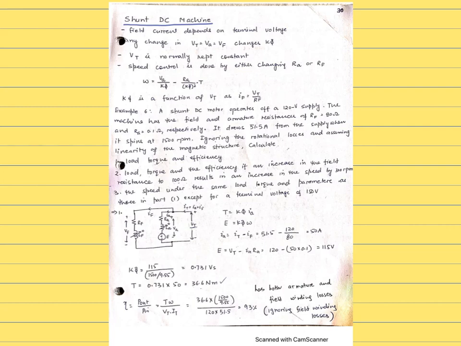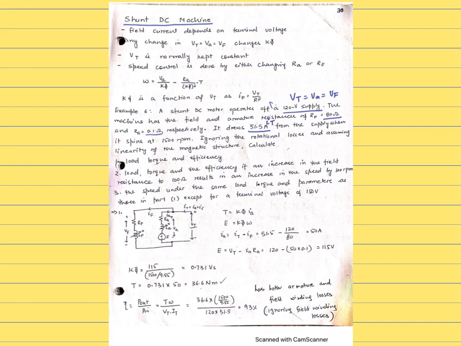So a shunt DC machine operates off a 120 volt supply. So that's your VT, which equals VA, which equals VF. The machine has field and armature resistances of 80 ohms and 0.1 ohms respectively. It draws 51.5 amperes from the supply lines, so that means this is your total current IT.